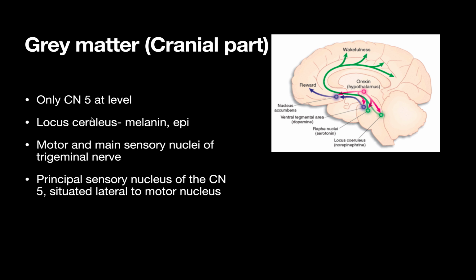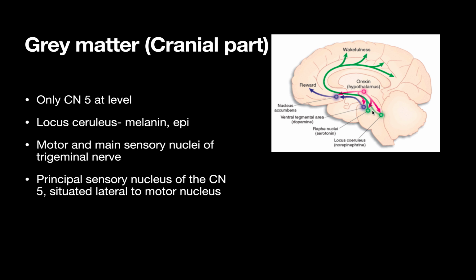And in the back, there's going to be something called the locus ceruleus. It means blue, and it's blue because it makes melanin and norepinephrine. Then right in front of it is going to be the raphe nucleus, and that secretes serotonin.